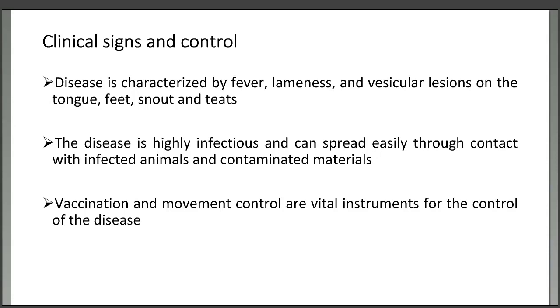In cases of outbreaks, personnel going from one farm to another without proper decontamination could serve as a source of transmission to other farms. Vaccination and movement control are vital instruments for the control of this disease.